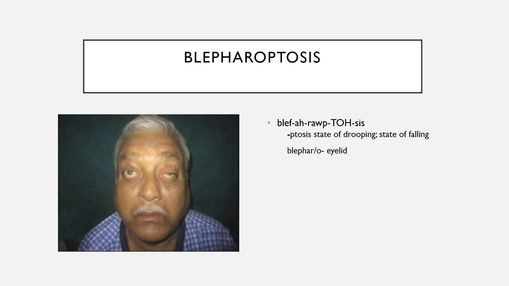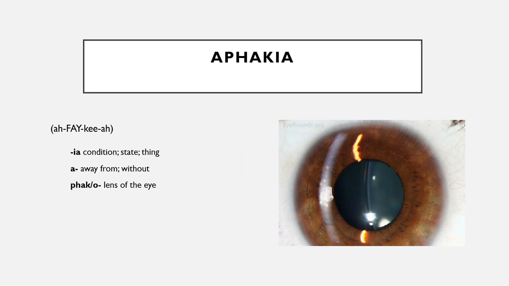Blepharoptosis. Ptosis is the state of drooping or falling. Blepharo is eyelid, and this is a drooping of the upper eyelid from excessive fat or sagging of the tissue due to age. It can also be from a disease that affects the muscles or the nerves. So a drooping eyelid is blepharoptosis. Aphakia.